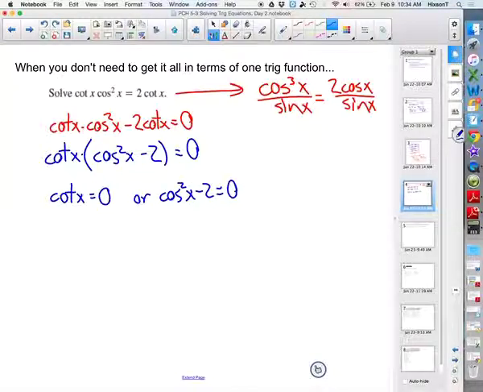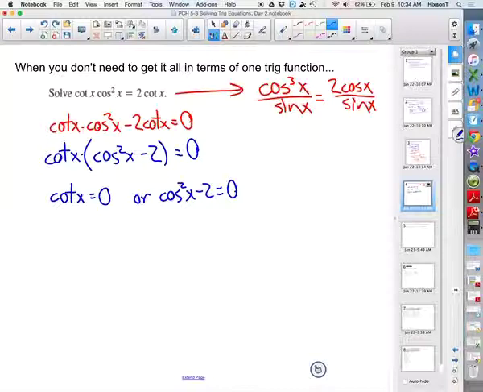And I am able to solve each of those. So, you can leave it in terms of different trig functions if it's in a factored form like this, and you only have one trig function in each one. Does that make sense?